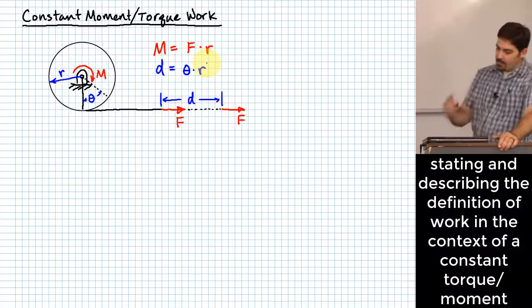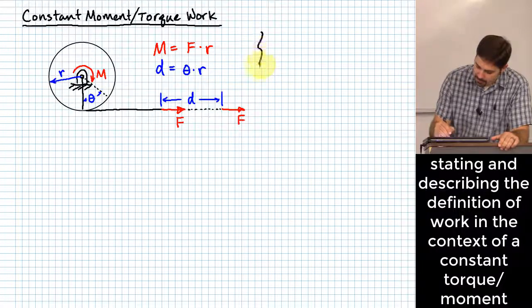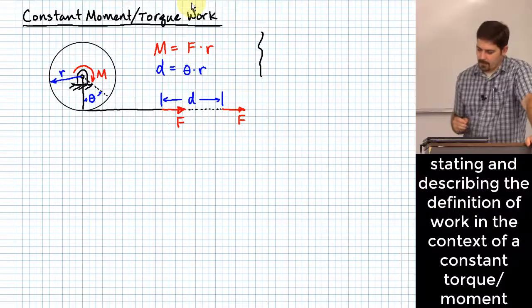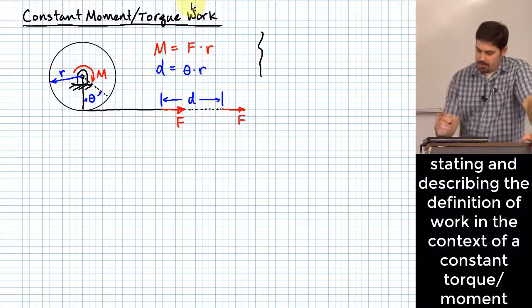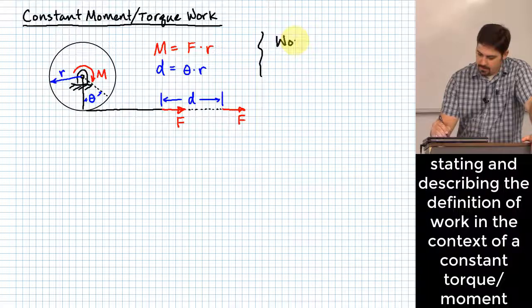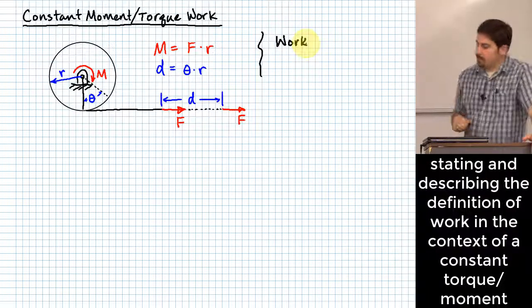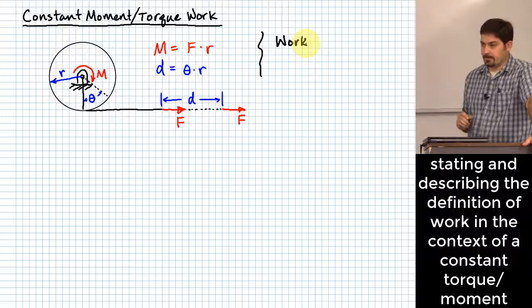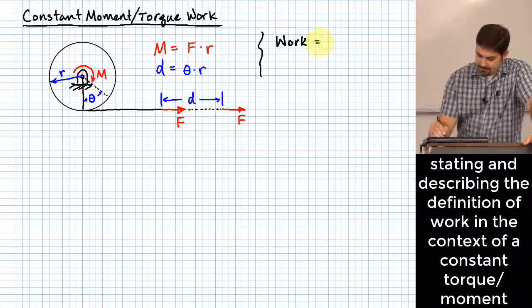Okay, well, let's now combine that with what we just came up with a second ago. How much work is done by the force F? Just F times d, right?